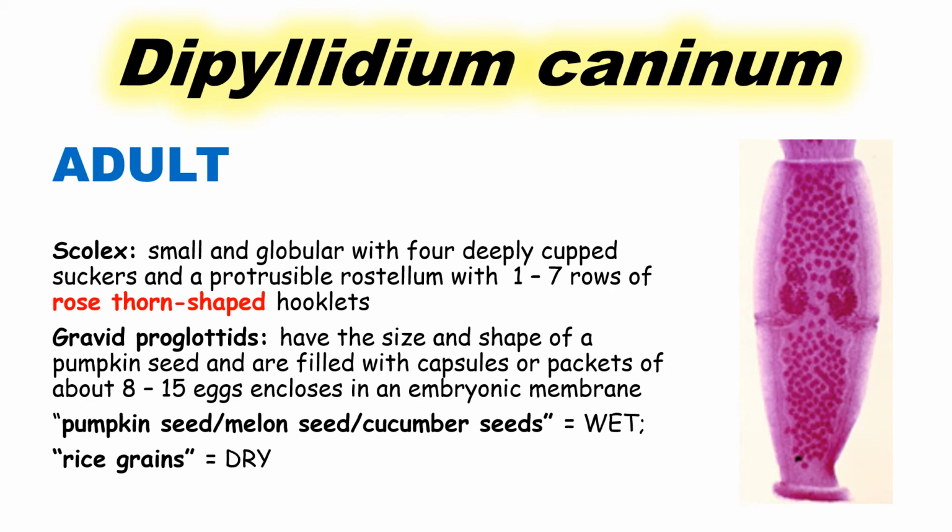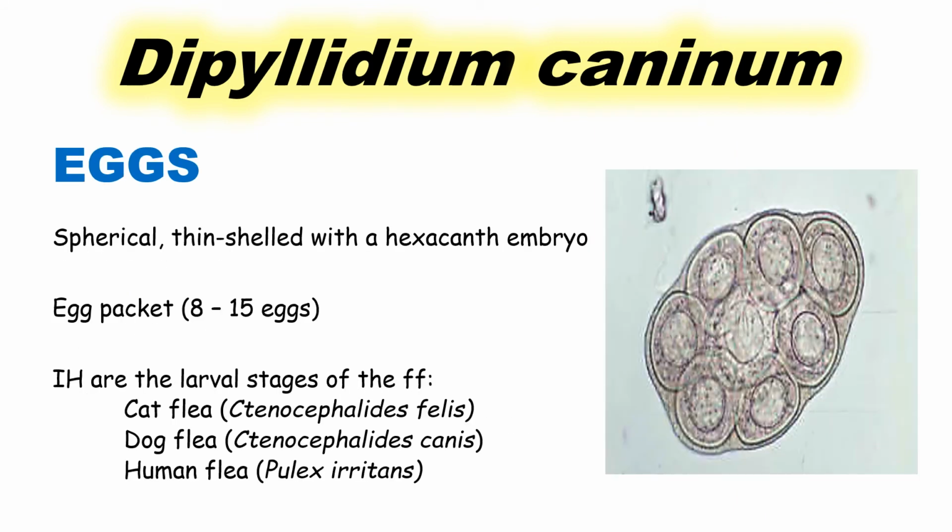So I have here a picture showing you the egg packet. The eggs are contained in one egg packet. Okay? So, the eggs here, a single egg, has a thin shell and a hexacanth embryo containing hooklets.